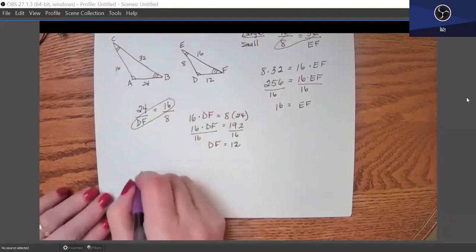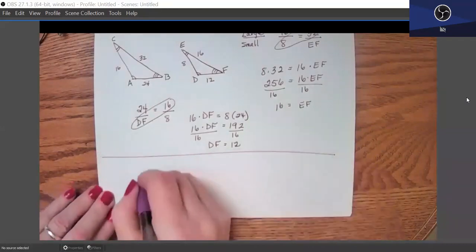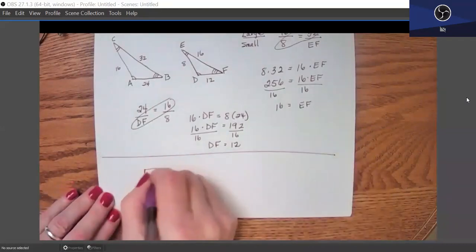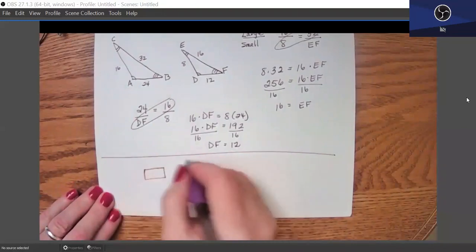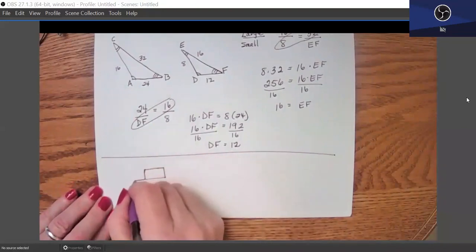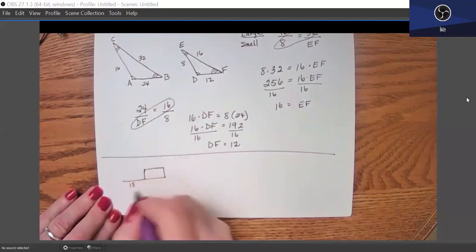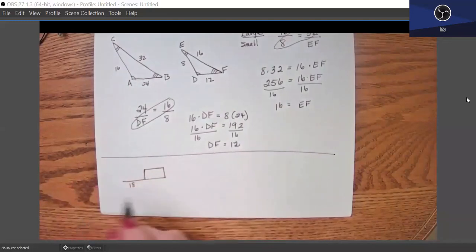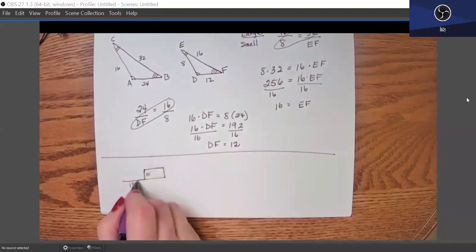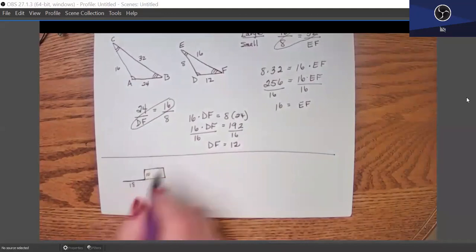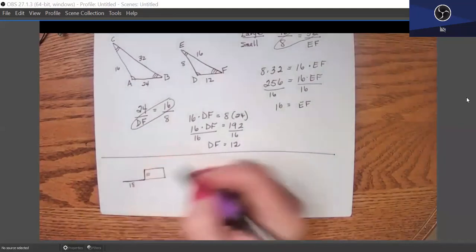Okay, so here we have a building, and the sun is over here, and the shadow cast by the building is 18 feet. And this is a 10-foot building. Okay, so here's my shadow, and I know that this is a 10-foot building.